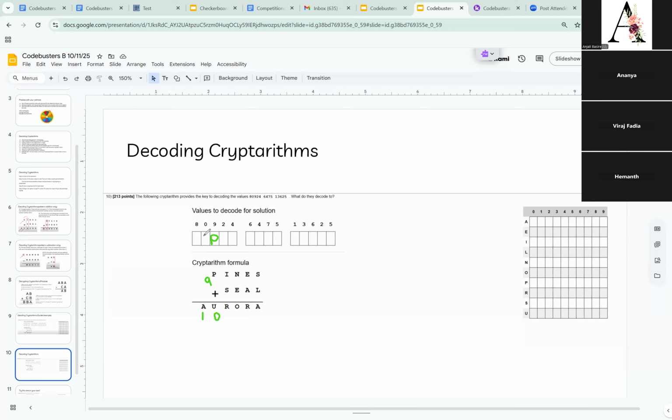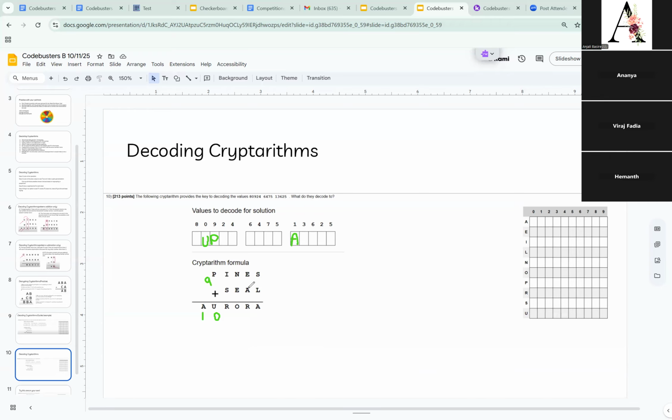Yeah. Okay. And then 1, oh wait, this is not 0. Okay, 0 is U, not A, and then 1 is A.